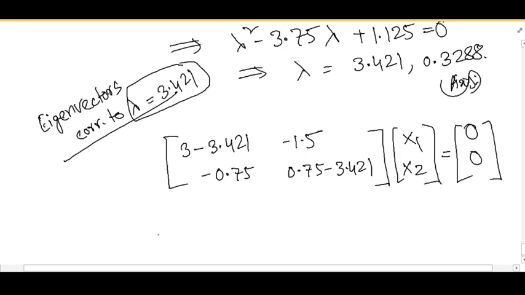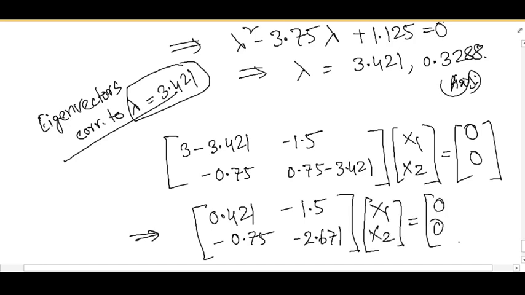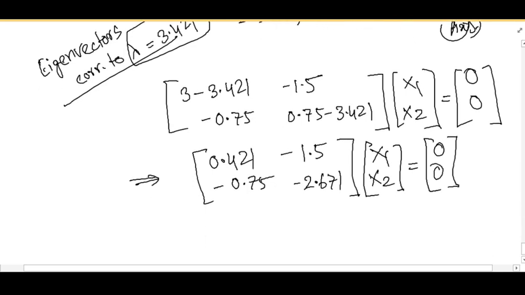If we simplify, you will see this becomes minus 0.421, minus 0.75, minus 1.5, minus 2.671, multiplied by x1, x2 equal to 0, 0. From that you can easily calculate the values of x1 and x2.